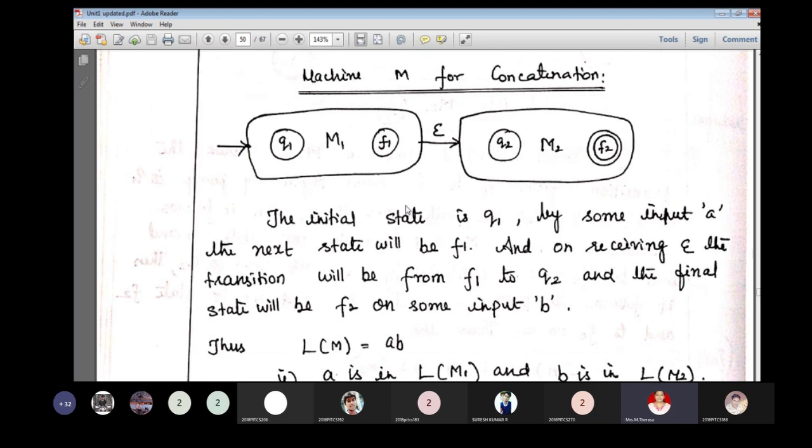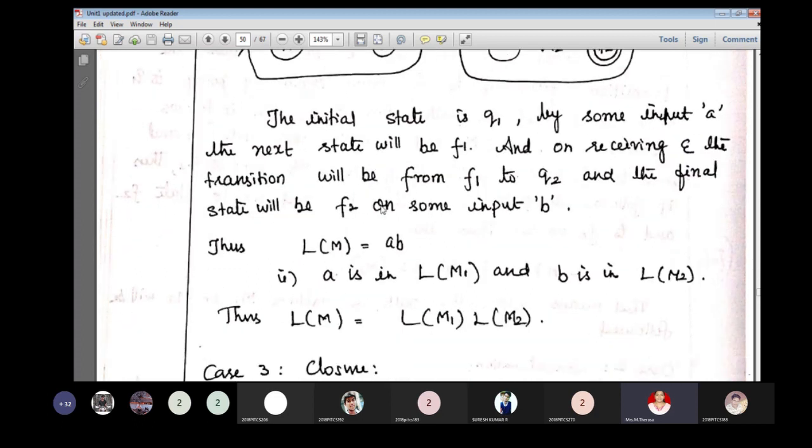The initial state is Q1. By some input A, the next state will be F1, and on receiving epsilon, the transition will be from F1 to Q2, and the final state will be F2, the entire final state. And it can go on some input B. Thus, L of M is equal to AB.